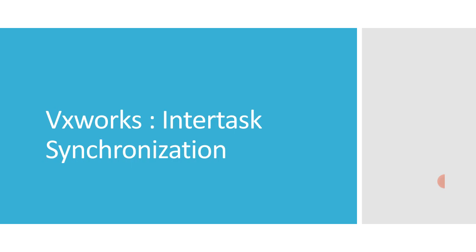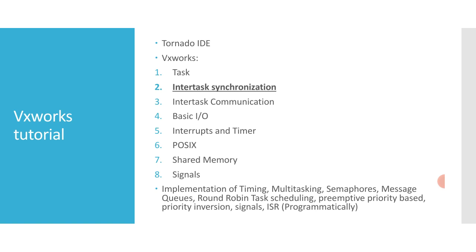So, in our series of VxWorks for beginners, this is a session on intertask synchronization, as in the list. This is the second after we finished Tornado IDE and task.